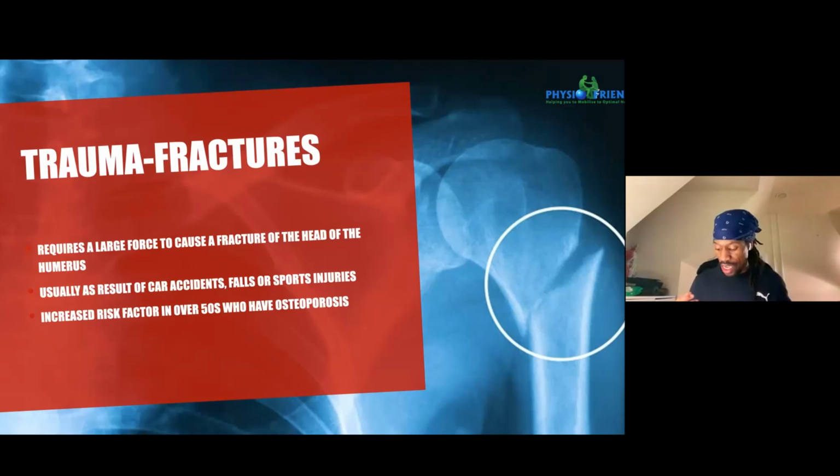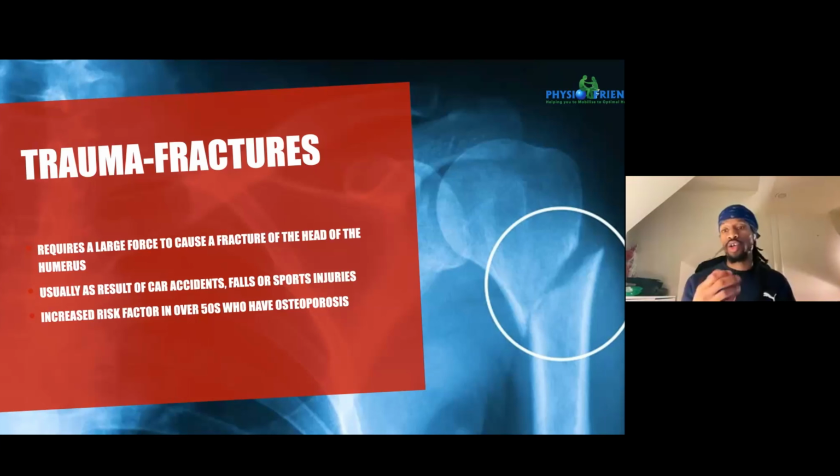Where our shoulder is on that outer part of our body, it's very exposed to any direct trauma. When we're falling, sometimes with our hands stretched out, we can displace that shoulder. But what we know is it's very common.